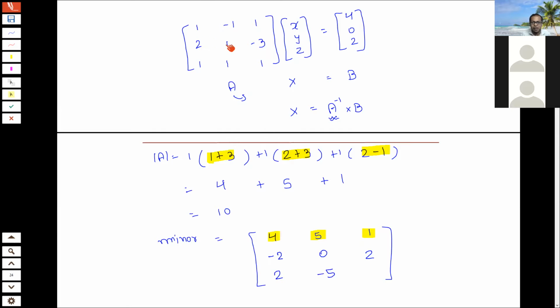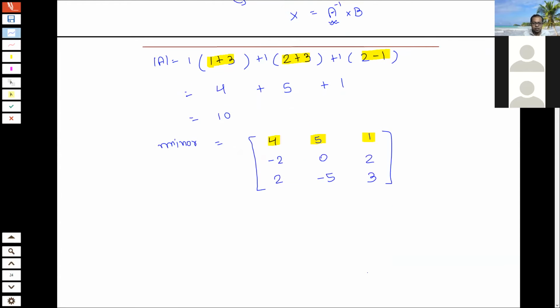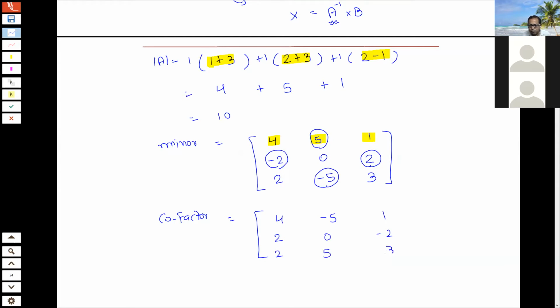And here it will be 1 plus 2, which is 3. You can also cross check, maybe there is some mistake. So after minor, cofactor. In cofactor, these 4 signs need to be changed. So 4, minus 5, 1, 2, 0, minus 2, 2, 5, and 3.